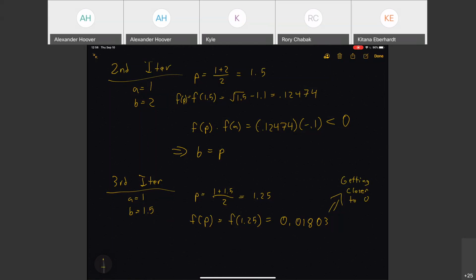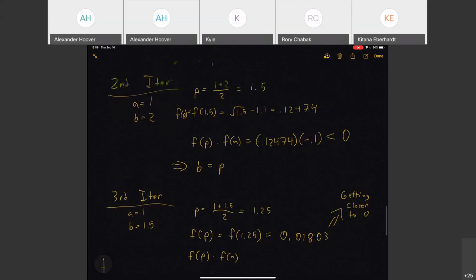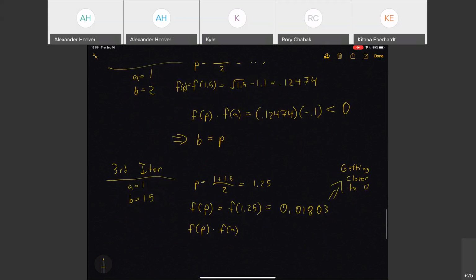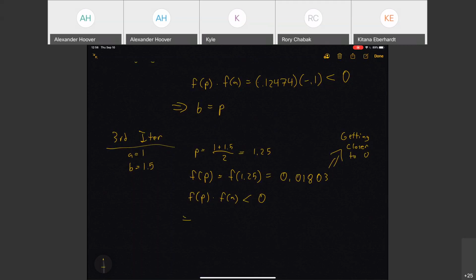So just going about with this one more time, we can say that this is F of P times F of A. I'm not going to do the math outright, but I know that F of A is negative, right? And F of P is positive. So this is going to be less than 0. Okay. So B is equal to P.